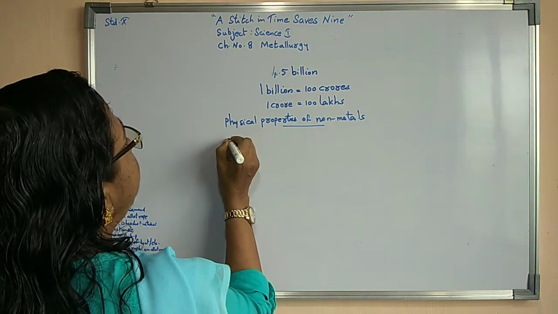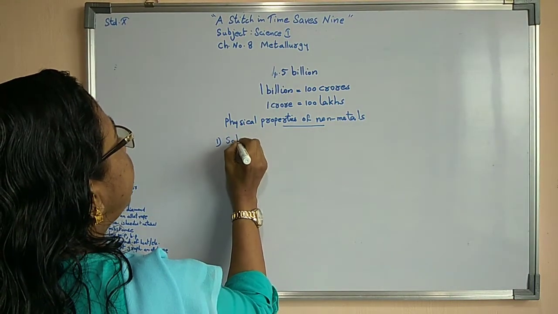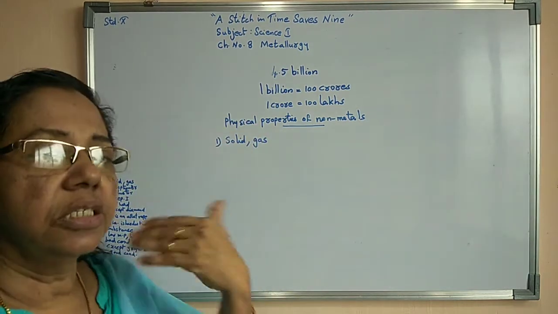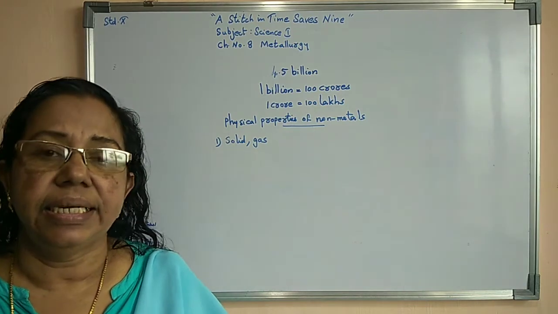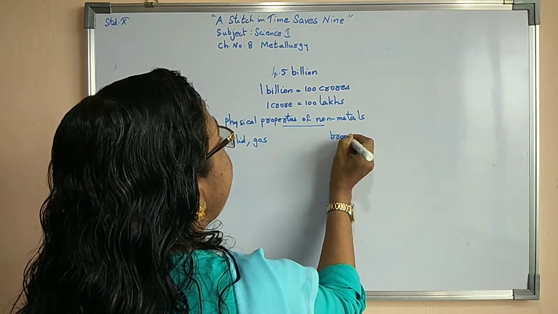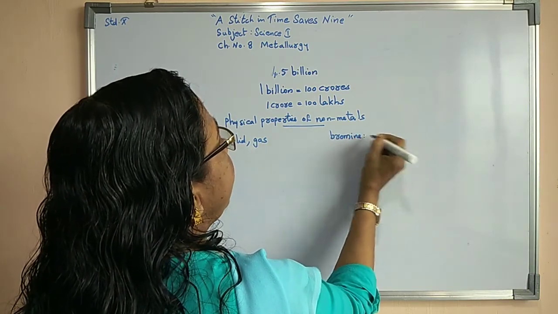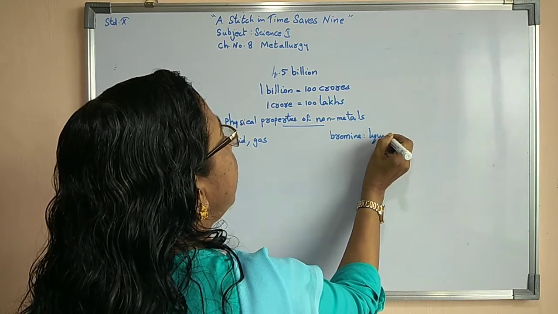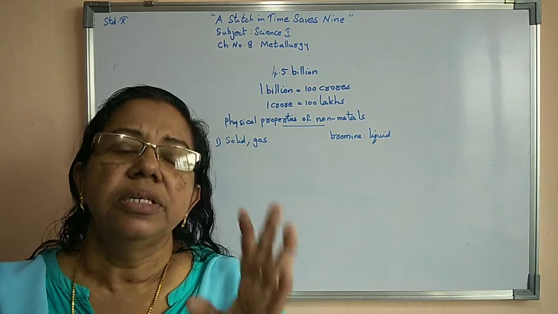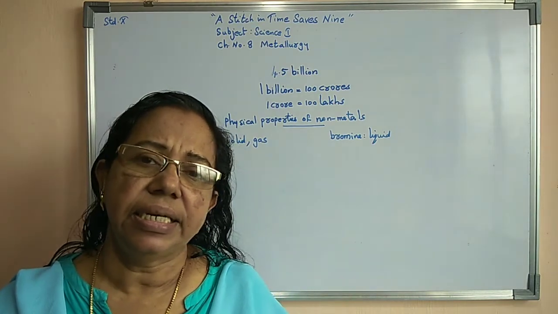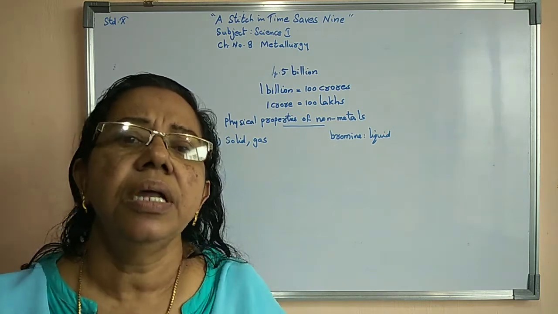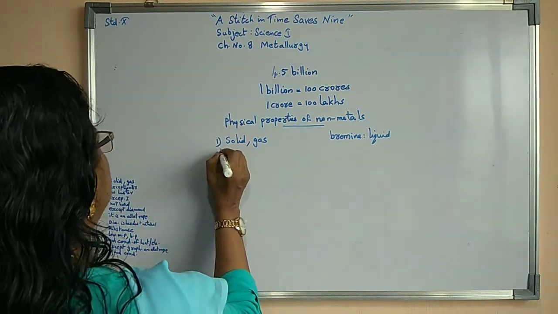But there is one exception: bromine is a non-metal, even then it is available in the liquid form. So non-metals are in solid as well as gaseous state, but there is one exception, bromine, which is available in the liquid state.